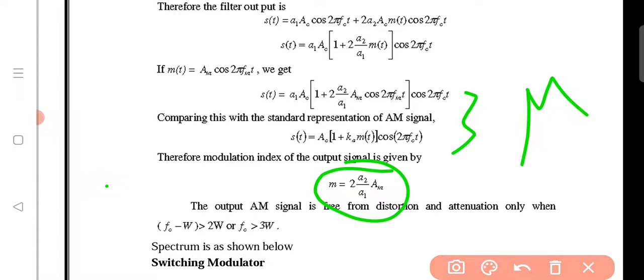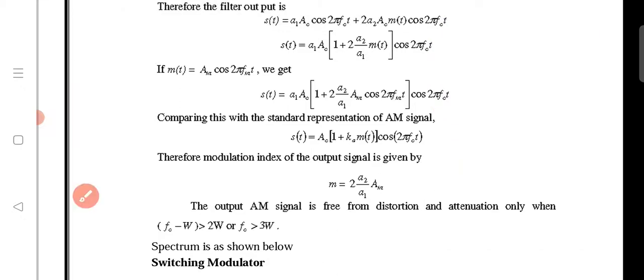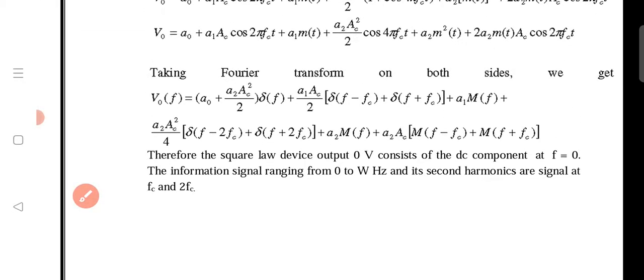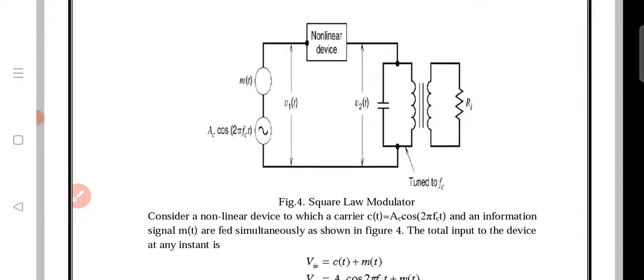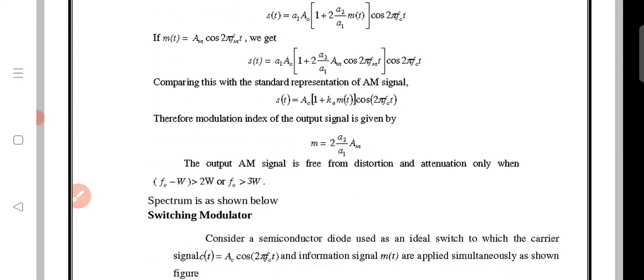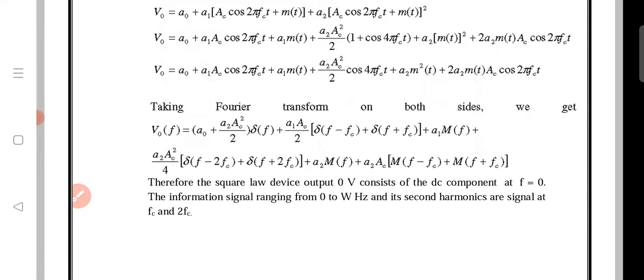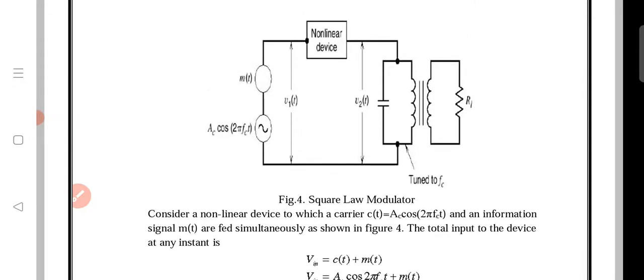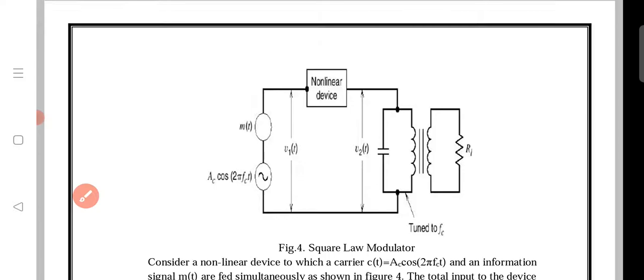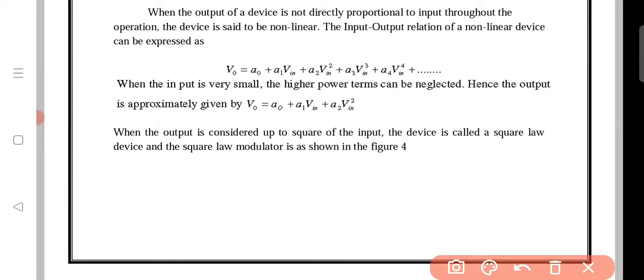So how do we conclude that? Now we conclude that using the square law device, we derived the AM wave. So in this way we generate AM waves using a square law device. Here the important relation is the input output relation of the nonlinear device.